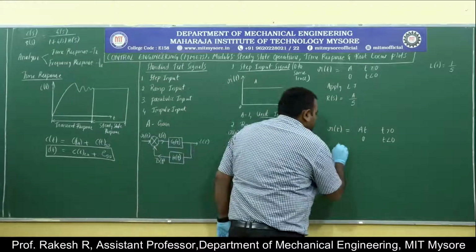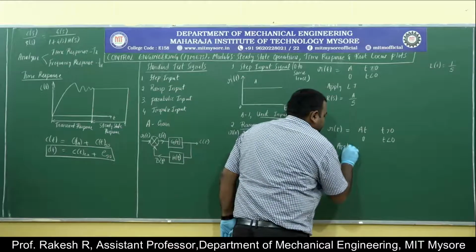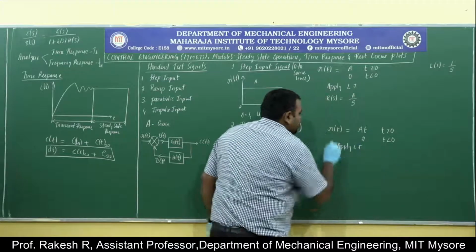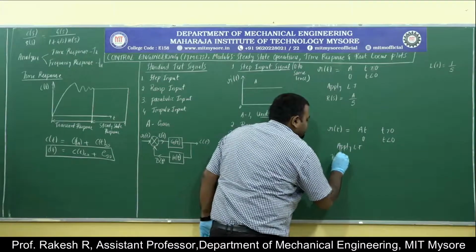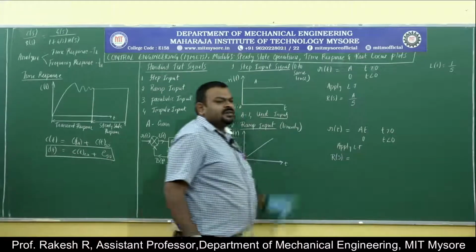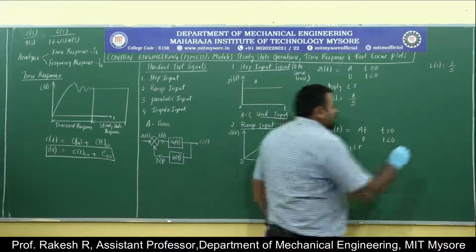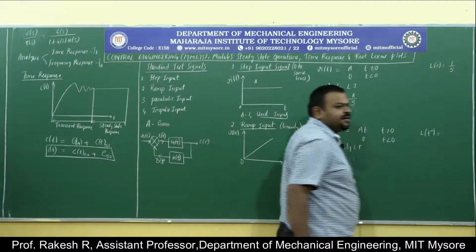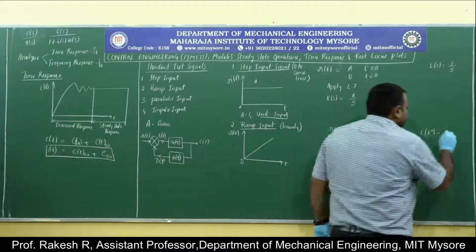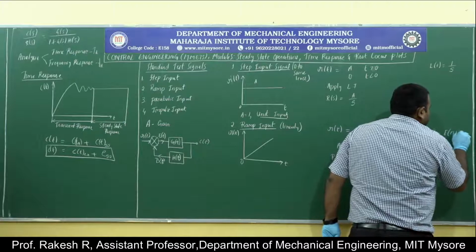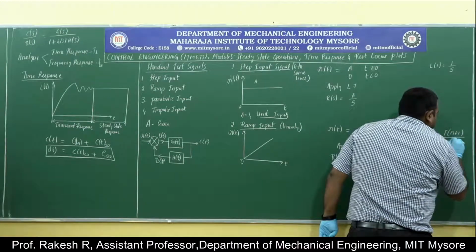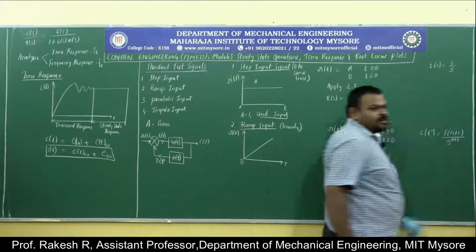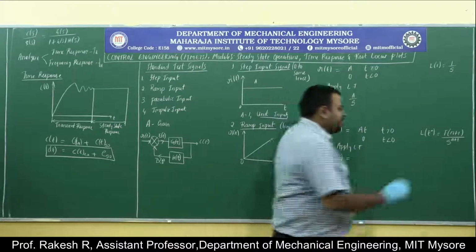Again, if I apply Laplace transformation for this, what happens? R of t changes to R of s and A of t. Let us recall what is Laplace of t to the power of n. Laplace of t to the power of n is nothing but gamma of n plus 1 divided by s to the power of n plus 1, if n is a fraction.